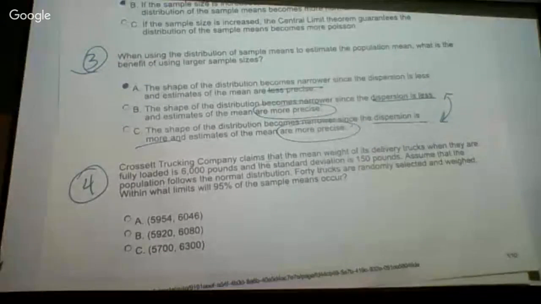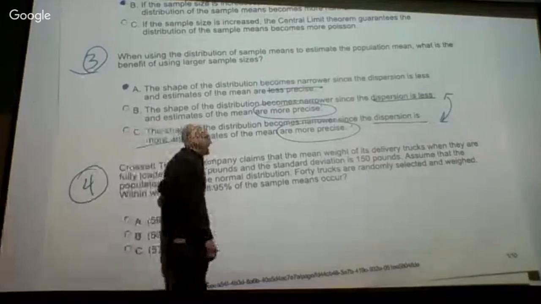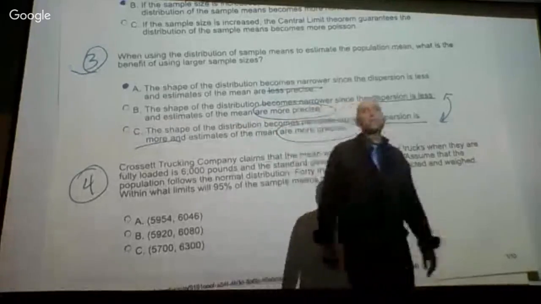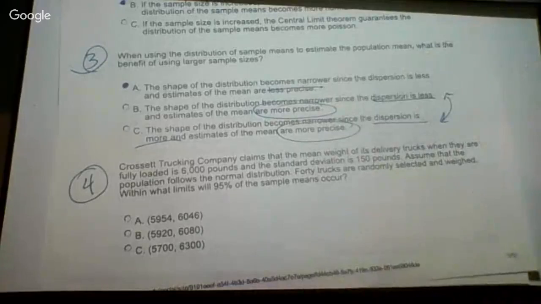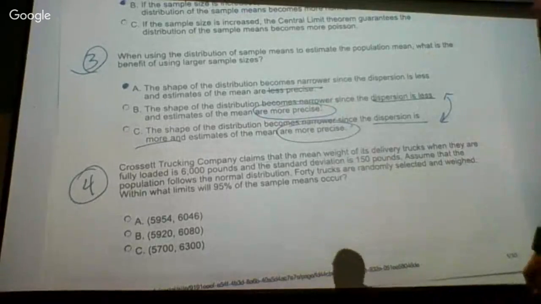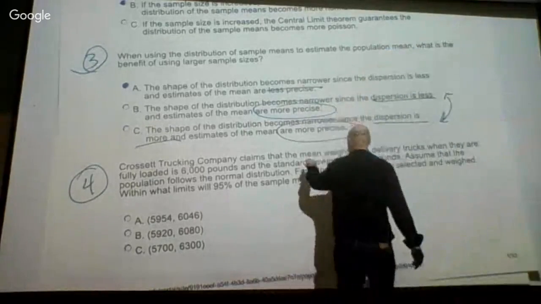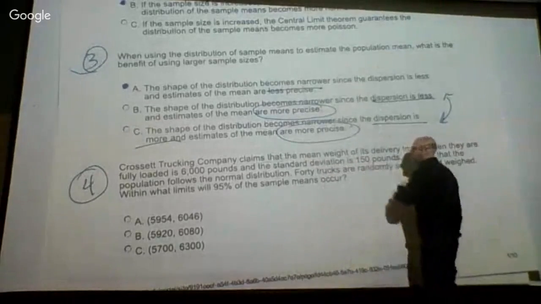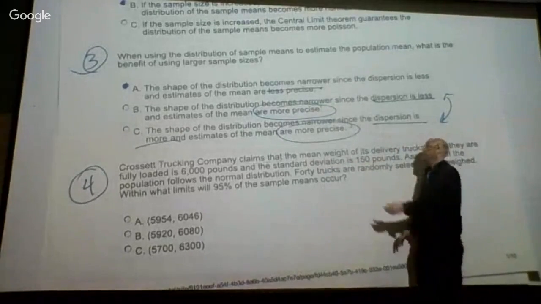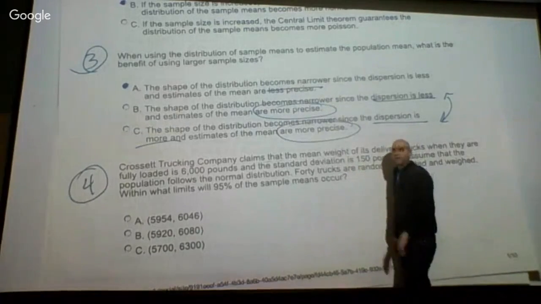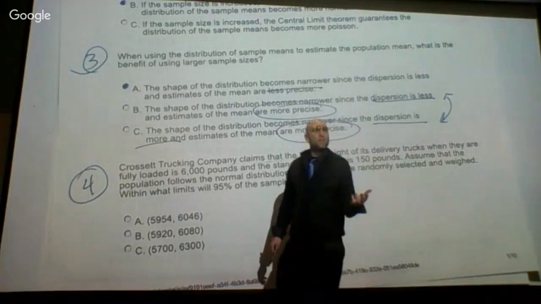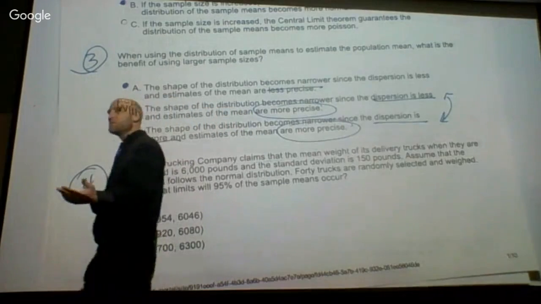There are 4 pieces of information that we can definitely identify from this problem. Now, this is where we really need to get in the habit of, sure, we know which things are means, we know which things are standard deviations. When it says standard deviation is 150, that means standard deviation equals 150. Problem is, we have 2 different versions of standard deviation.